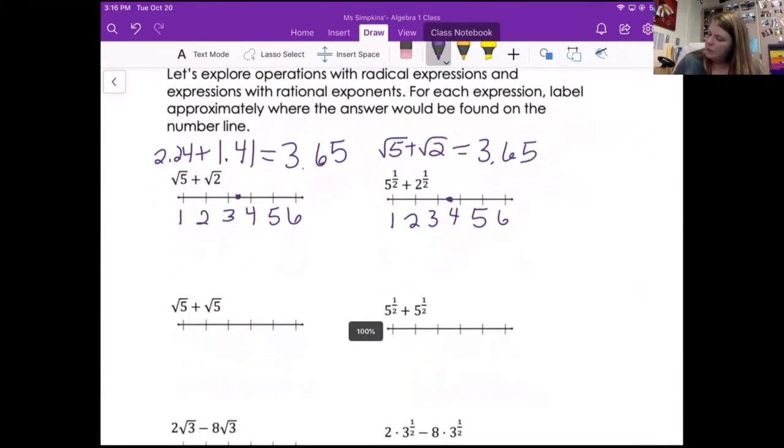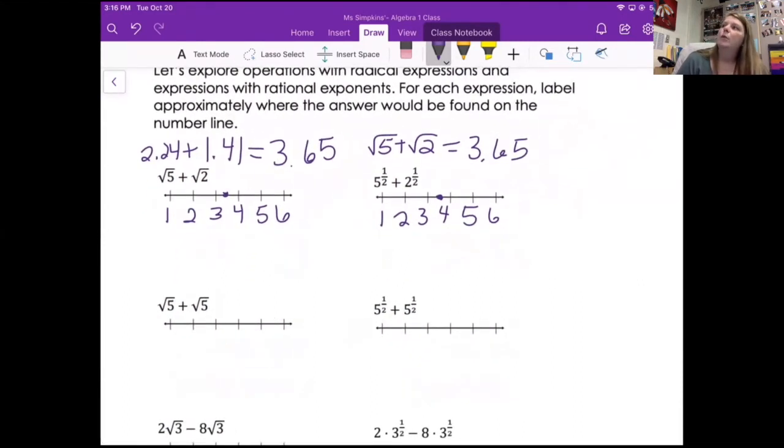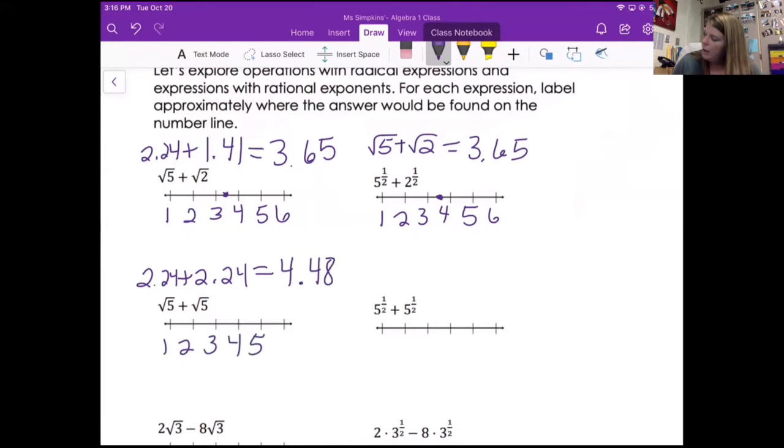So let's try the next one. Square root of 5 plus square root of 5 is 2.24 plus 2.24. I'm getting those because we already did that. 2.24 plus 2.24 would be 4.48. Where on a number line would 4.48 go? Yeah, Thorne?